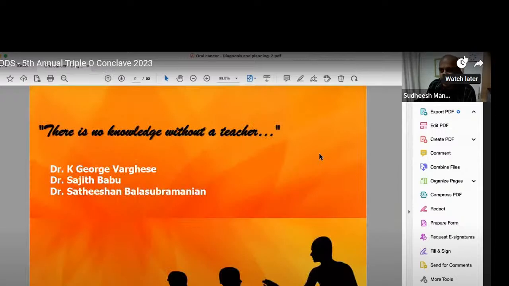Before starting, let me pay my tribute to my great teachers, Dr. George Varghese, who was my PG teacher, Sajid sir, who was my head and neck mentor, and Sadishan sir, who is the director of Malabar Cancer Center. These people were the pillars of my career. Apart from them, there are many others, and the list is very long.